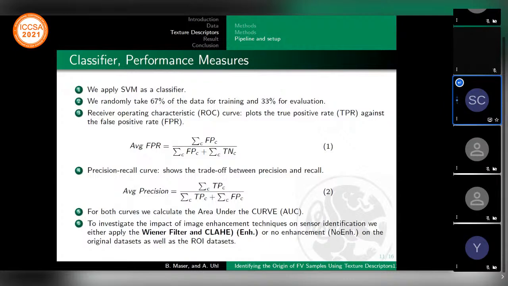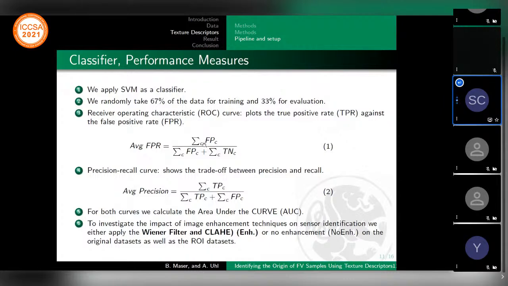For the first one, we use the receiver operating characteristic curve, or ROC curve. This curve plots the true positive rate against the false positive rate. But since we have an 8-class classification and not a binary classification case, we have to adapt this, and so we use the average false positive rate and the average true positive rate.